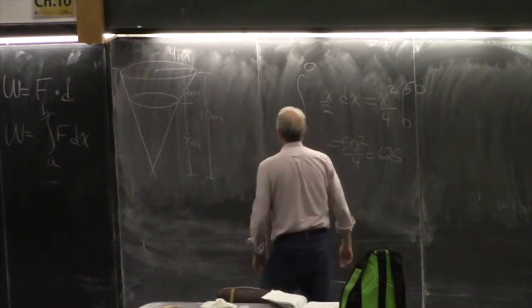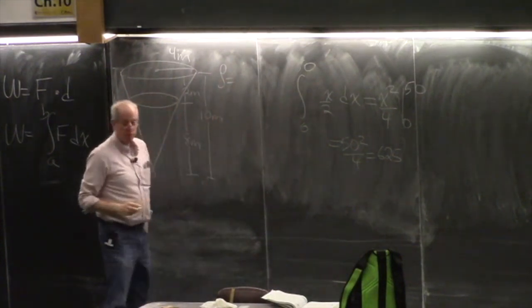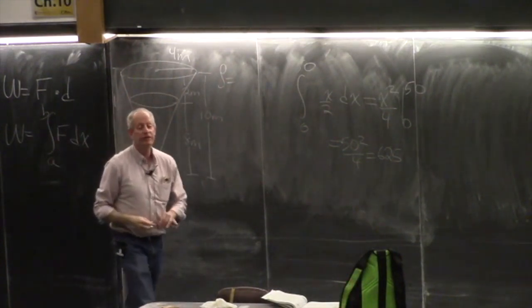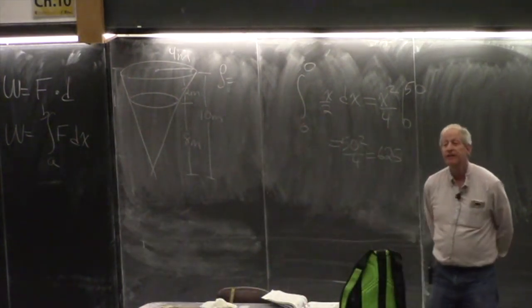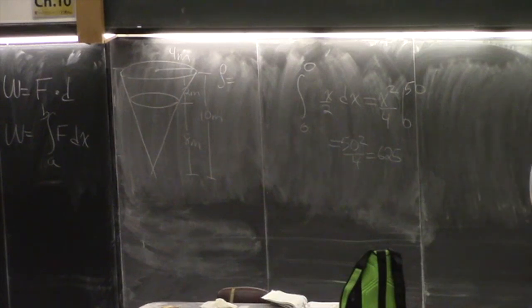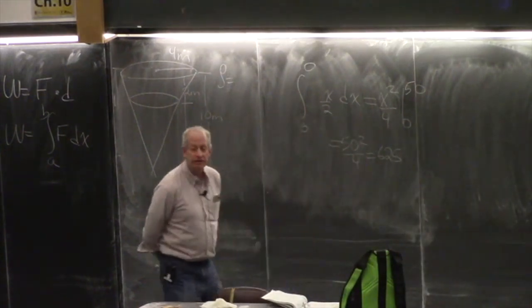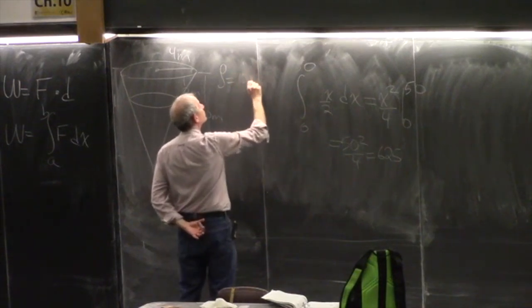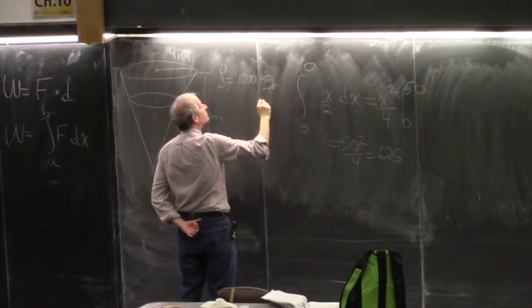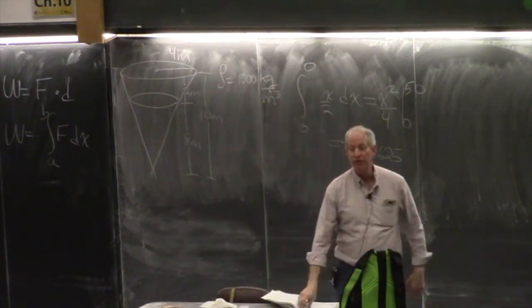And by the way, the density of water, anybody know the density of water? 1 what? No, 1 unit. What units? Grams per cubic centimeter, right. Since we're in a meter world, it's 1,000 kilograms per cubic meter, or 1 gram per cubic centimeter, 1 gram per milliliter.